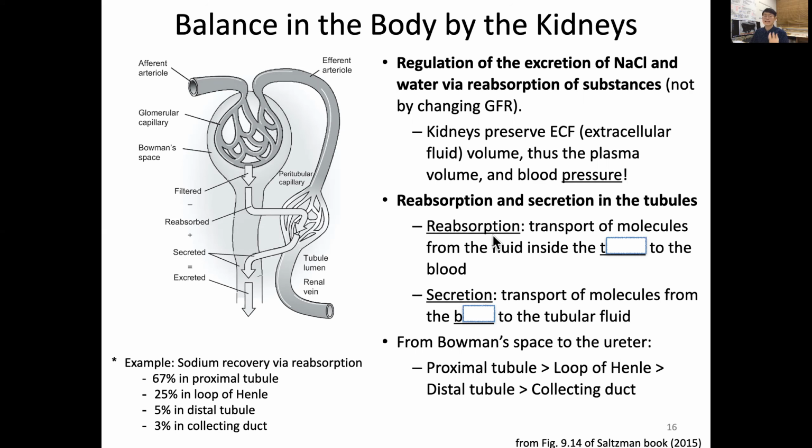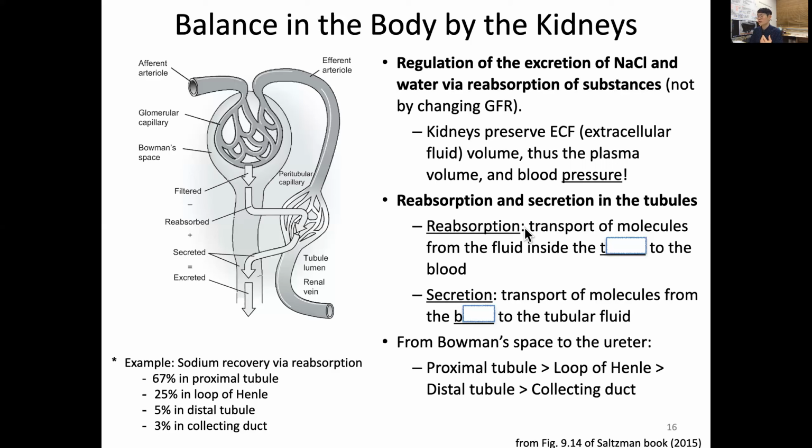So reabsorption is defined as transport of molecules from the fluid. Let me explain here first, it makes it easier. Afferent arterial blood gets in, and the glomerular capillary filters out a filtered part, and the rest comes out as efferent arterial blood. Through the tubule, we reclaim important ones, such as water and many vital chemicals, by reabsorption. Then what is unnecessary is secreted back into the urine, which is excreted.